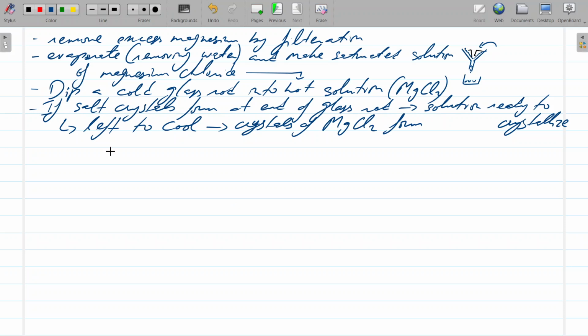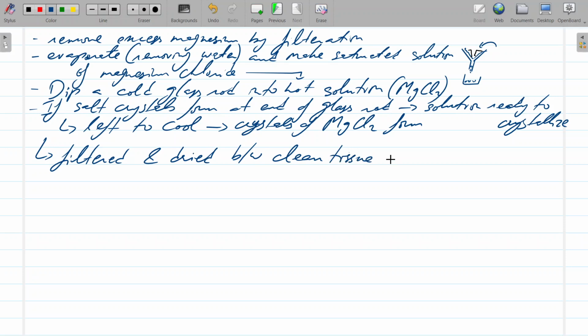Then they are filtered again and dried between clean tissue papers. And that's it. So now you have your soluble salt.